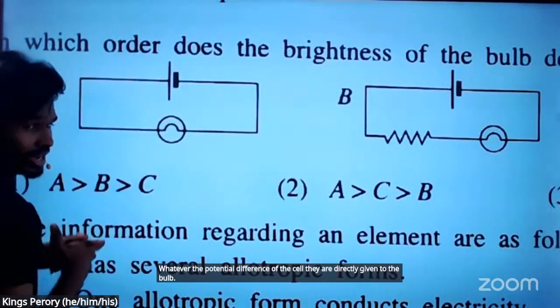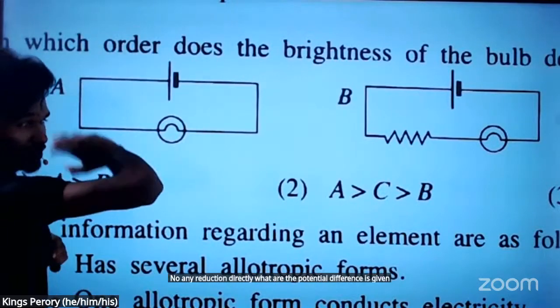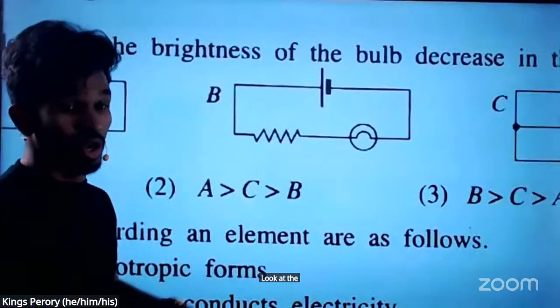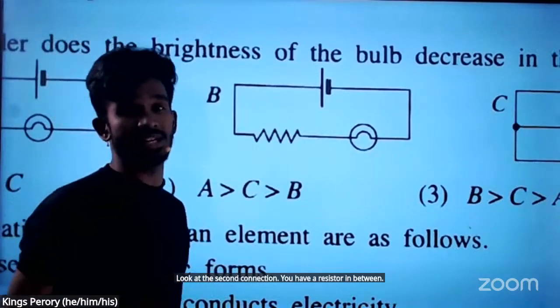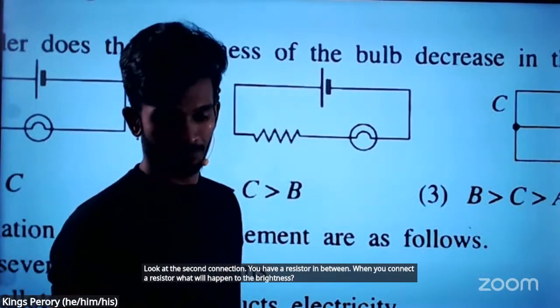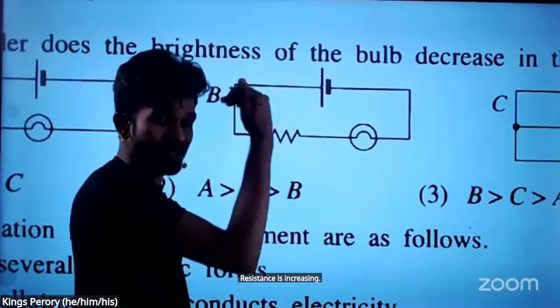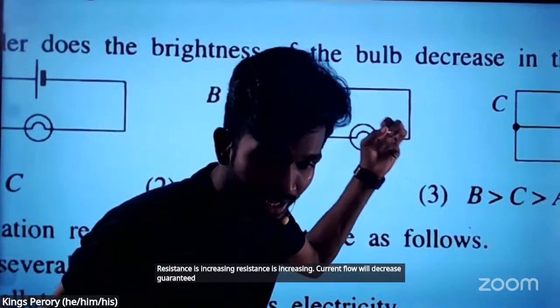No reduction. Look at the second connection. You have a resistor in between. When you connect a resistor, what will happen to the brightness? Resistance is increasing, current flow will decrease. Guaranteed the brightness will decrease.